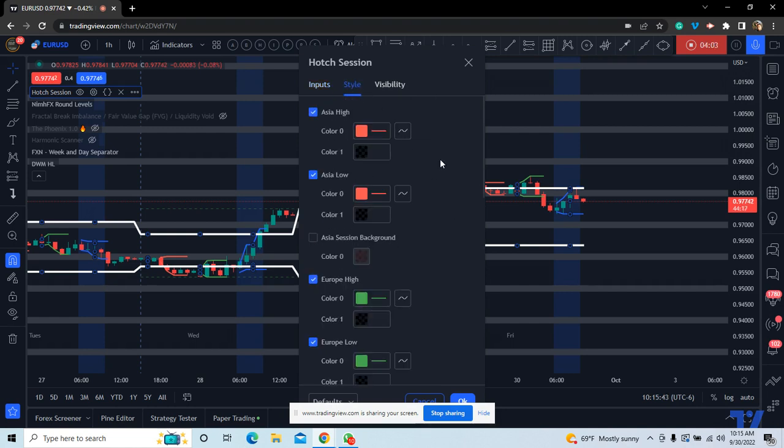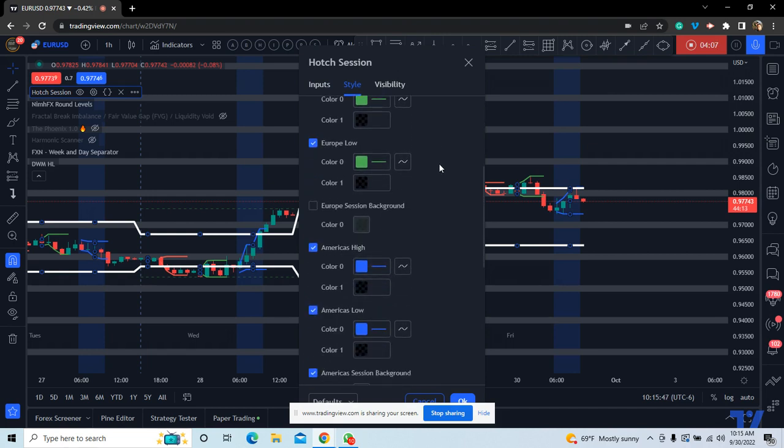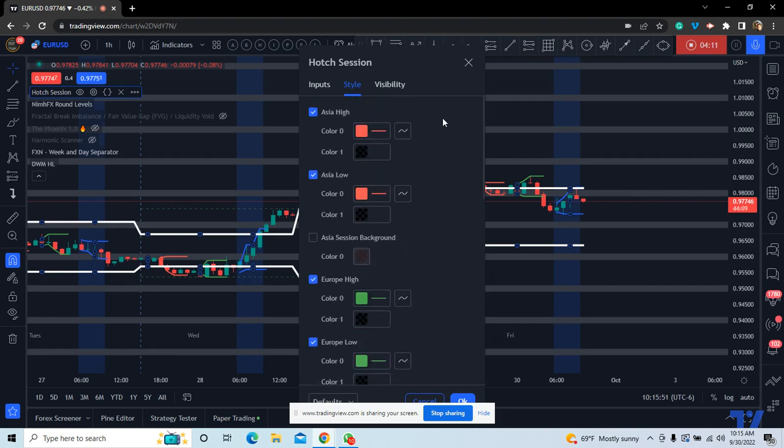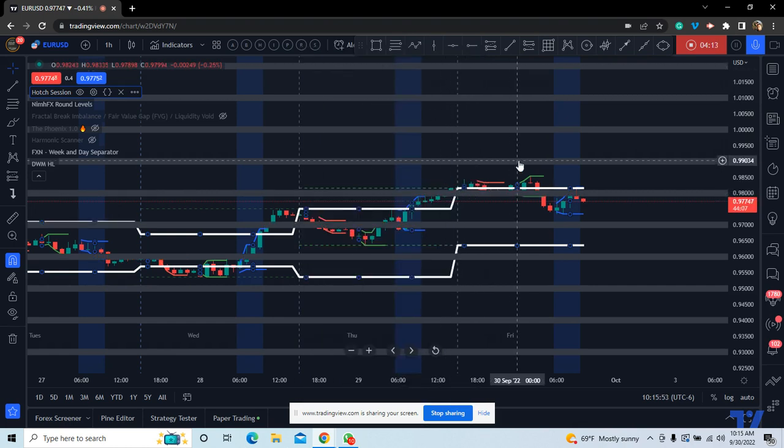If you want the same style, take a screenshot of that, that, that, and that. Okay, so that's you set up for your sessions, right? If you're trading New York, you'd have to toggle it if you want to set up your session for Europe and Asia.